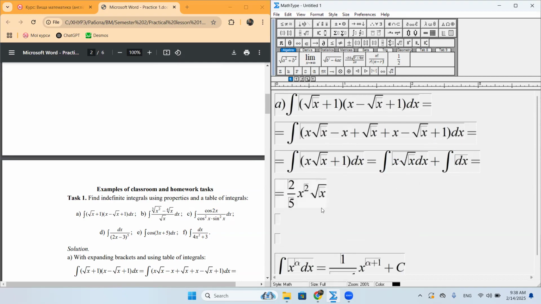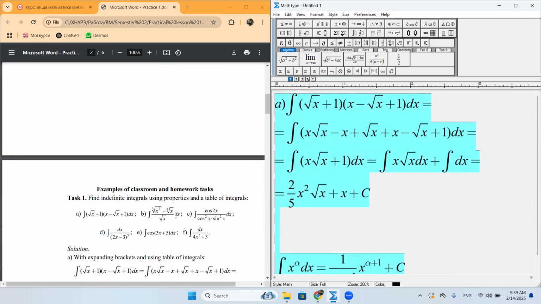And it will be actually just x, and plus constant. Yeah, pay your attention, don't lose the constant. It's important for indefinite integrals. Any questions about this task? No questions. Okay, if no questions, let's move next.